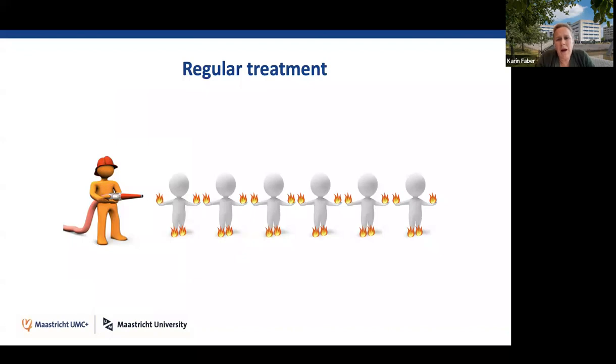Well, the next question is, how do we treat patients with small fiber neuropathy? And the current treatment is only effective in half of the patients with a maximum reduction of 50% of pain. And given the high burden and the huge influence on quality of life, there is an unmet clinical need.